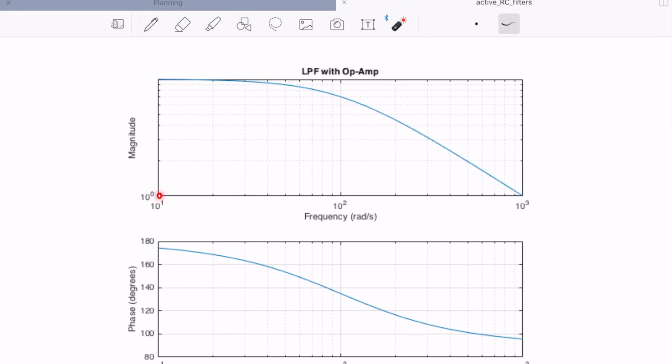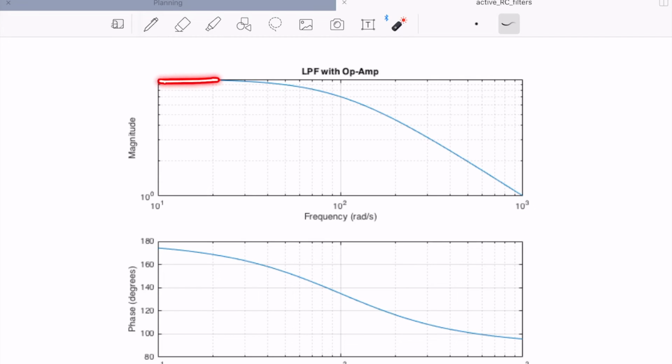So we have 10, 20, 30, up to 100. Then 200, 300, up to 1,000. Going up the side, we have 10 to the 0, which is 1, 2, 3, up to 10. Okay, we can find the 3 dB down point.